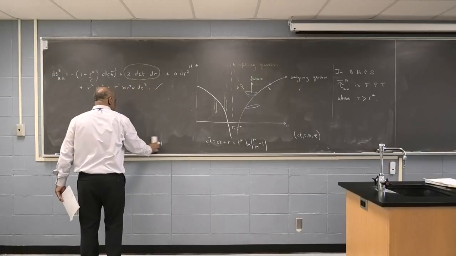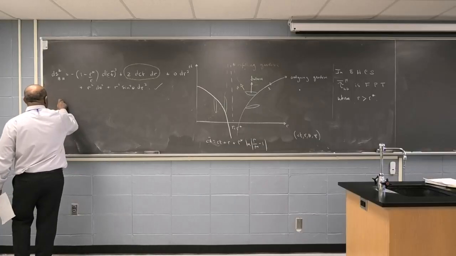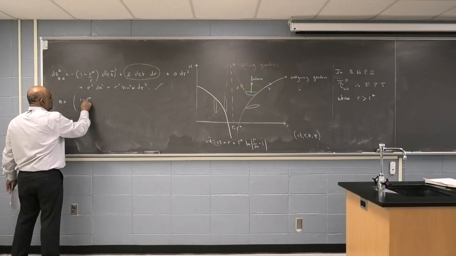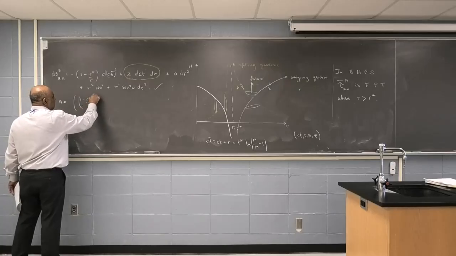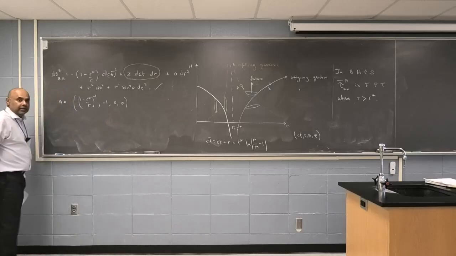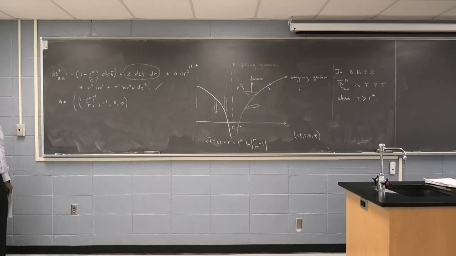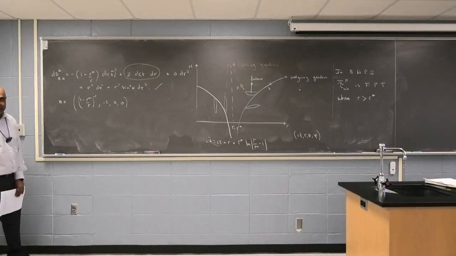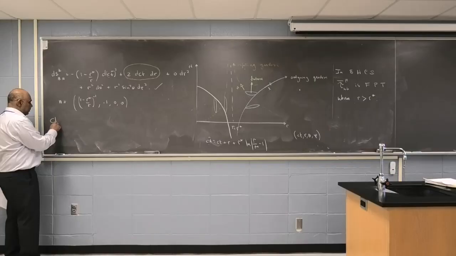What was my vector field? It was 1 minus R star over R. This is the infalling geodesic. This is a homework in your notes, but I want to help you out slightly. If I make a mistake, it's your fault. You guys have to help me. I don't have it written down, so check this out.